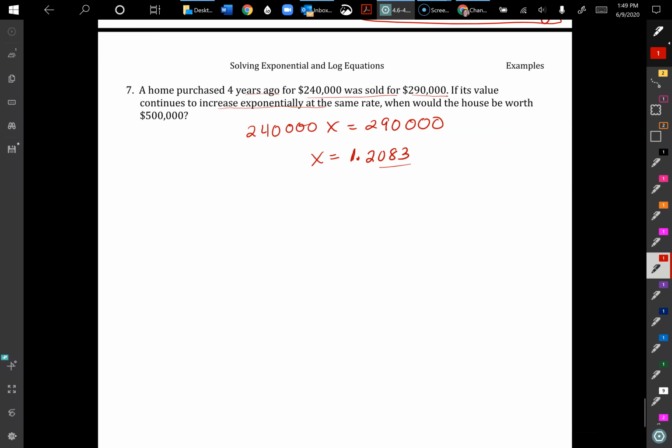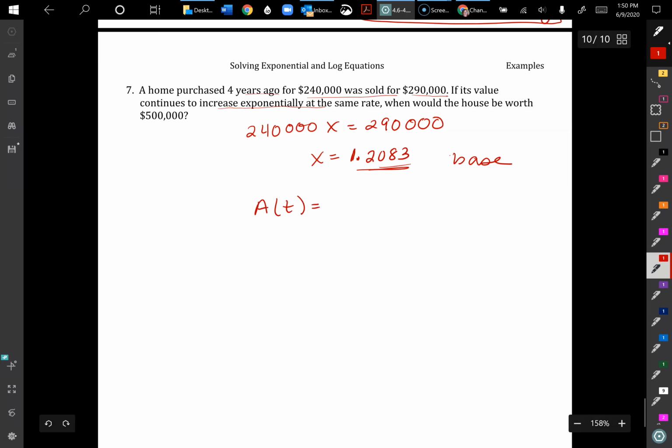So my base is going to be this whole thing. I have my current value, or my A initial, sometimes it's called P, and I have my end amount, just like before.